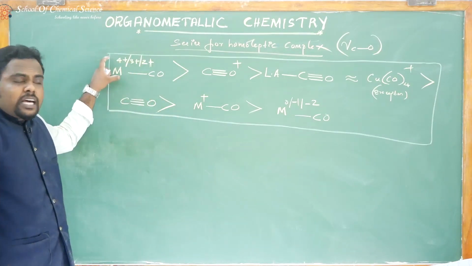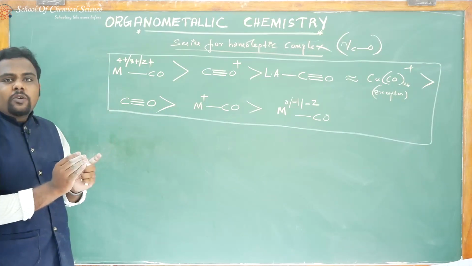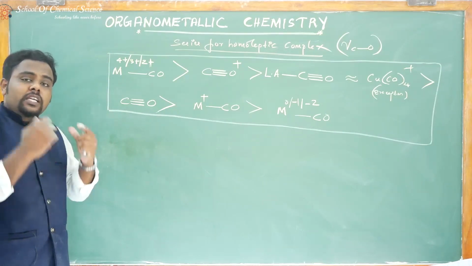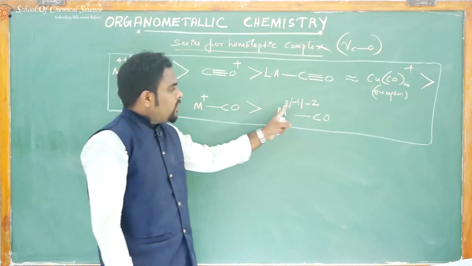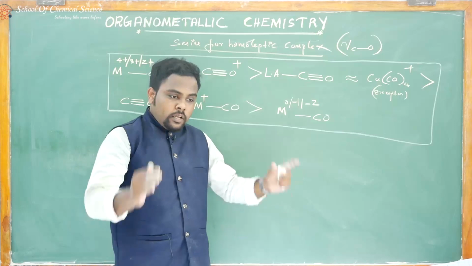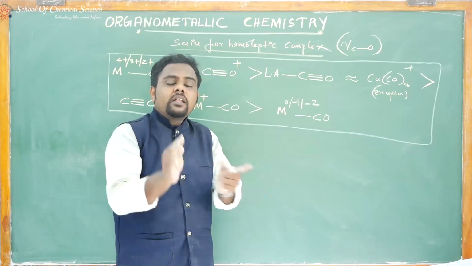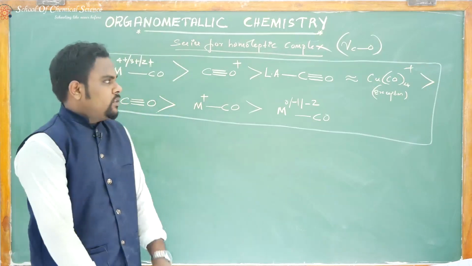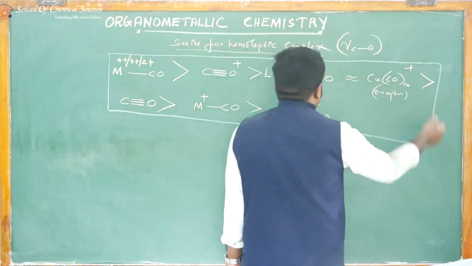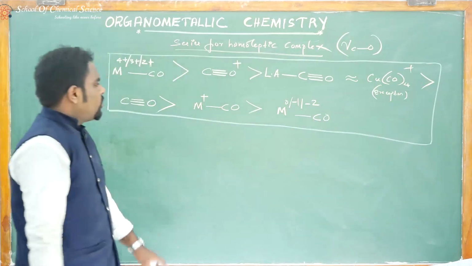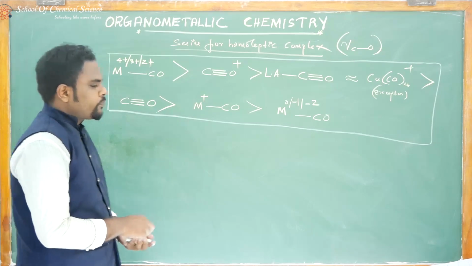Higher the positive charge on the metal, 4 plus, 3 plus, 2 plus, less electron density on metal, less back donation, high stretching frequency of CO. Here 0, -1, -2 charge, high electron density on metal, high back donation, low CO stretching frequency. Then intermediate are C triple bond O plus, Lewis acid connected to C triple bond O, and metal positive charge connected to C triple bond O.